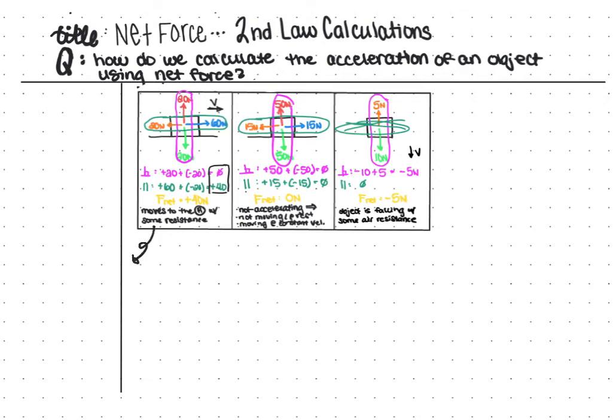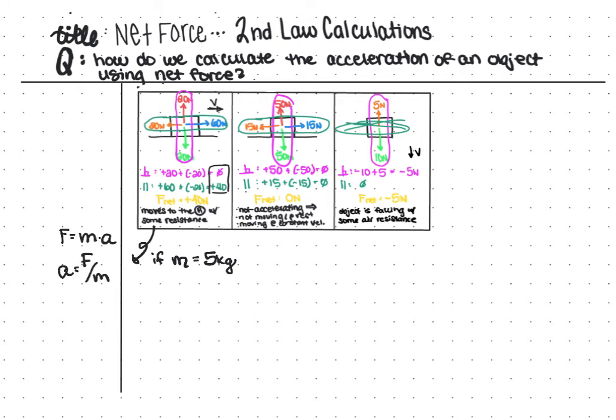So the question I'm going to give you is that if mass is 5 kilograms, then what is the acceleration? So if we look at Newton's second law, we have F equals ma, and we have A equals F over m.